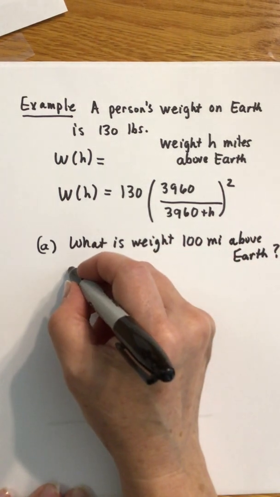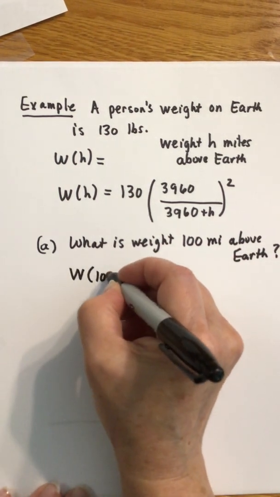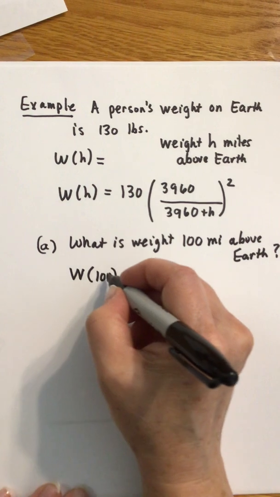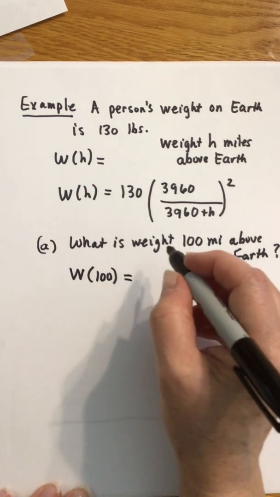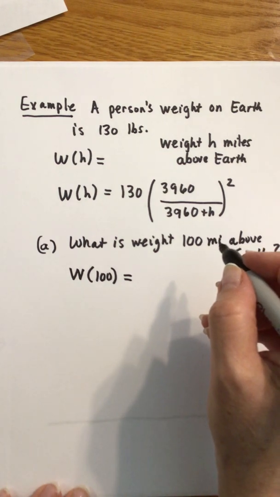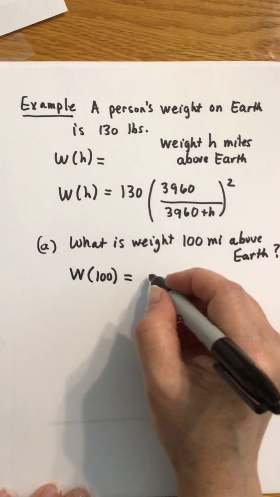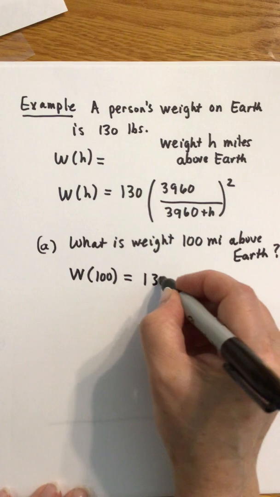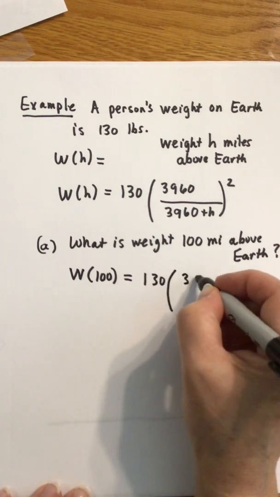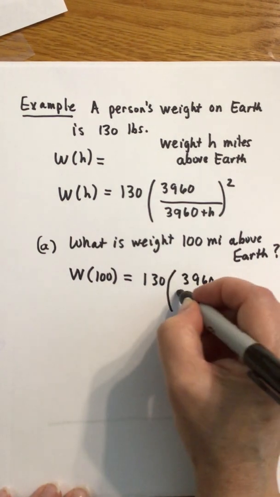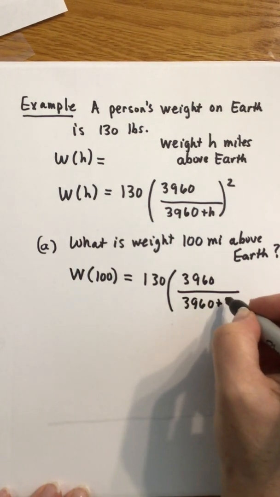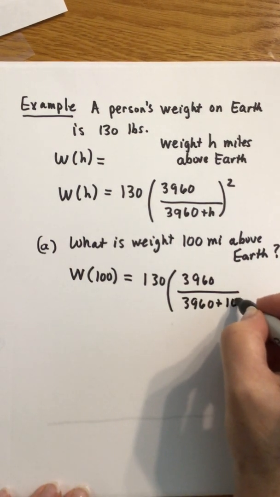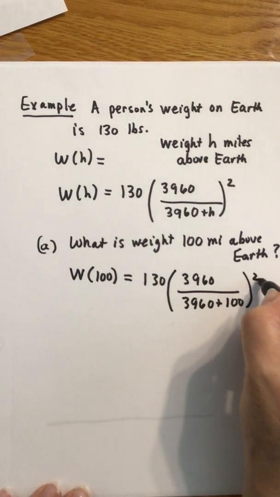So I'm going to have W of 100, that means the weight at 100 miles, right? So height was the miles above the Earth. So we're going to just plug in, and we get 130 over 3,960 plus H, but H is 100, squared.